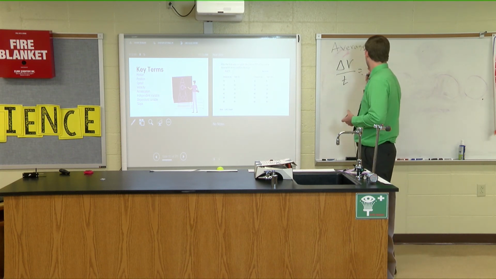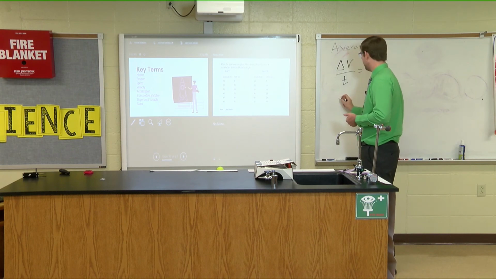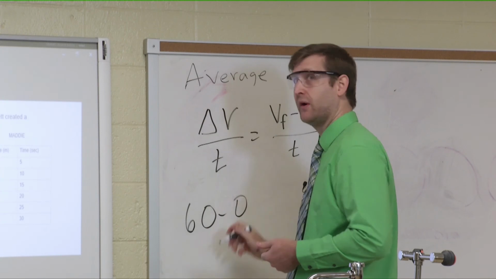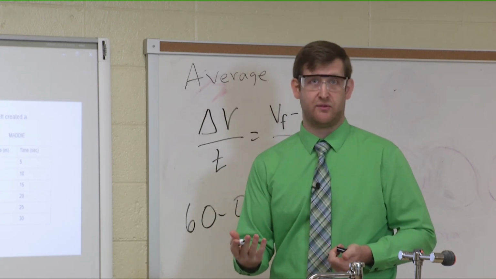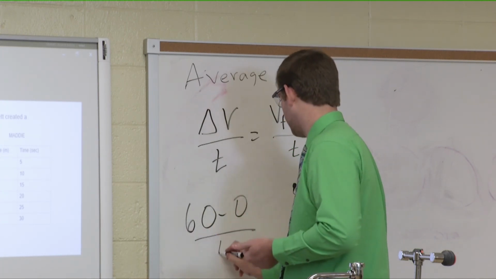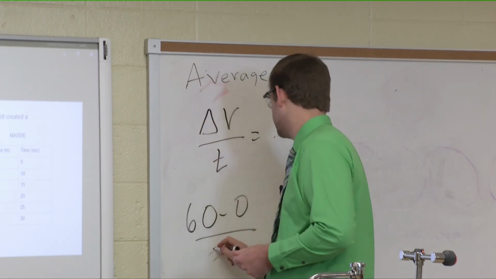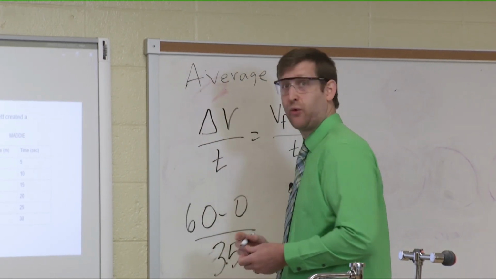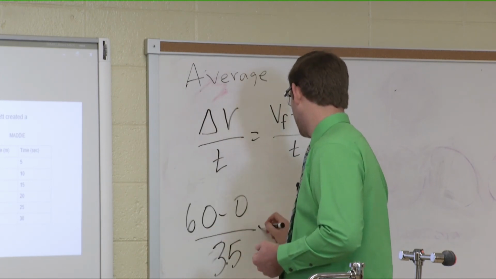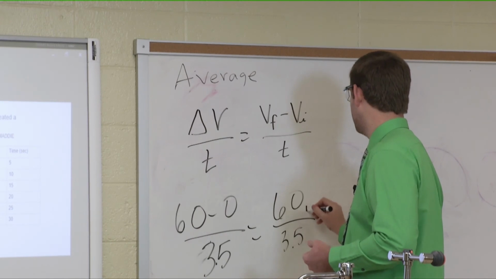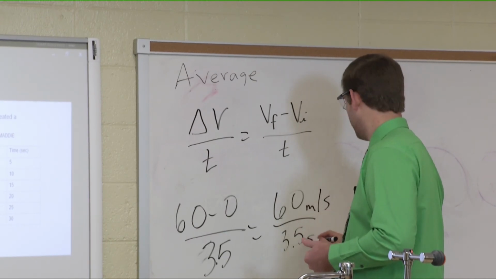You would have 60 minus 0, that's a total of 60, divided by your time, which is 3.5. So 60 divided by 3.5 meters per second over seconds.